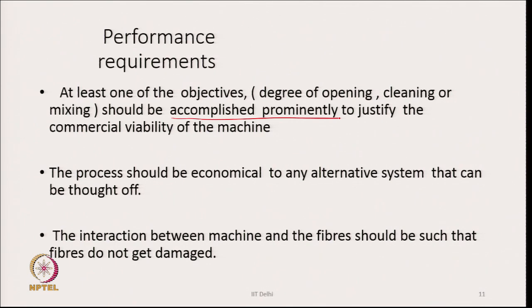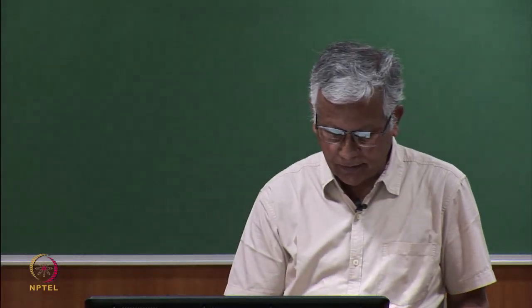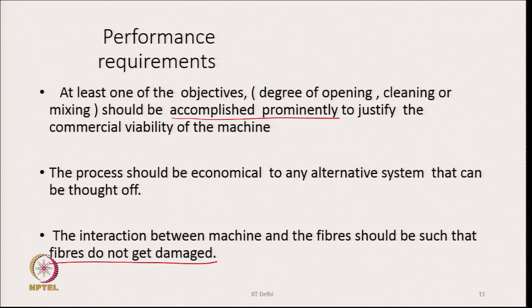And the last is that the interaction between the machine and the fibers should be such that fibers do not get damaged. This is a very important fact, that whatever machines are designed, we have to ensure that the fibers do not get damaged.